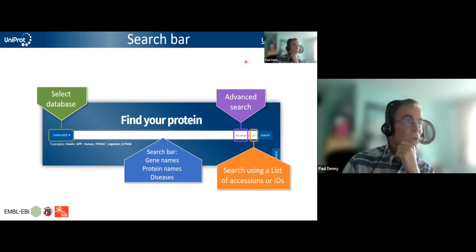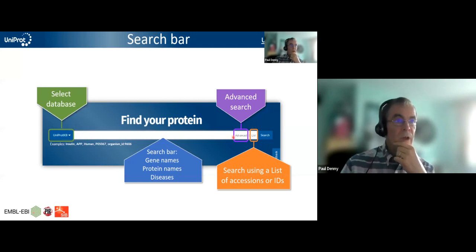So here's the search bar, which may look quite familiar to you. It was deliberately designed to be a bit like many other search tools. There's a drop-down menu on the left here. You can look at what's called UniProtKB, and I'll say a bit more about that in a minute. And then you can type into the search bar all kinds of information: a gene name, a protein name, a disease. Some examples are shown here of the kind of thing that you could enter into the search bar.